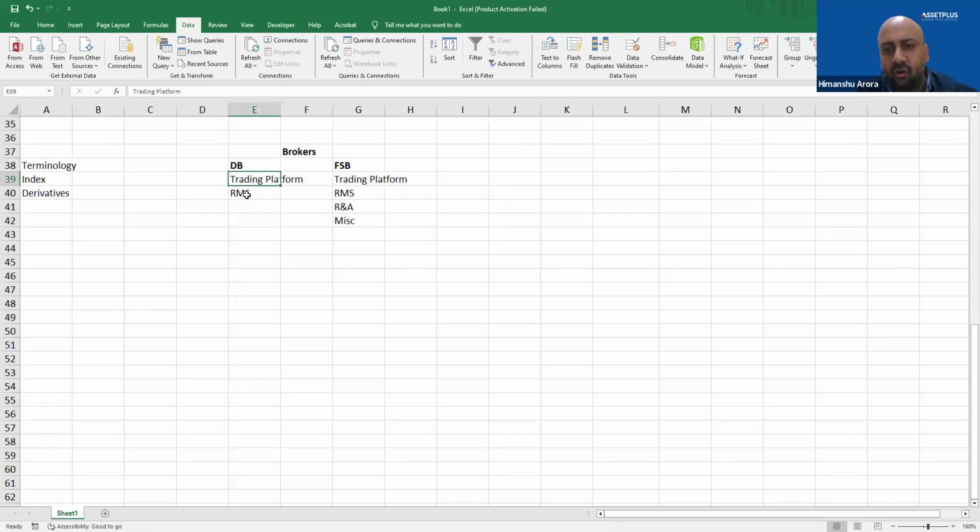The charges of discount brokers are relatively less, and the charges of full service brokers are relatively higher because they are providing more services. Pausing here for 10 seconds. Anyone, any question? I hope this is fairly basic. RMS stands for risk management service.